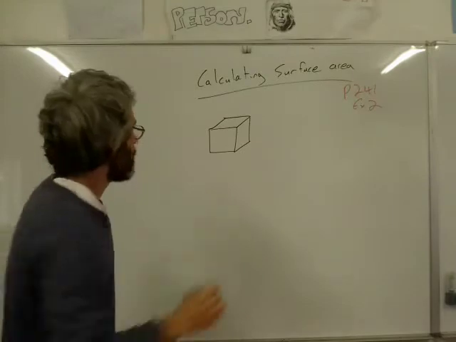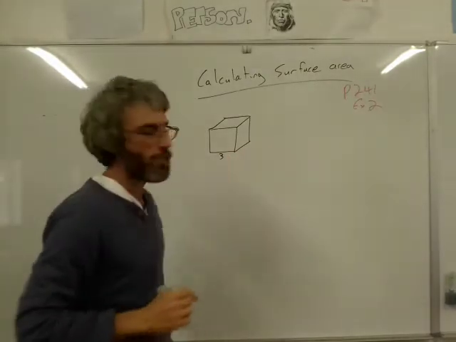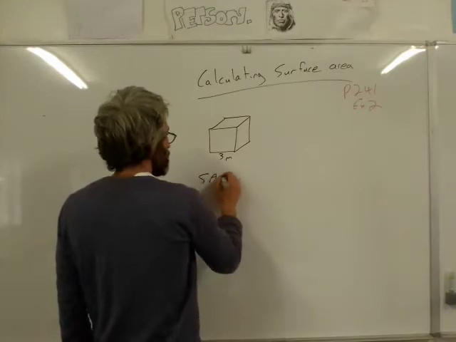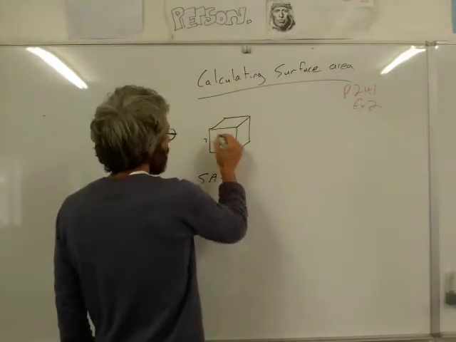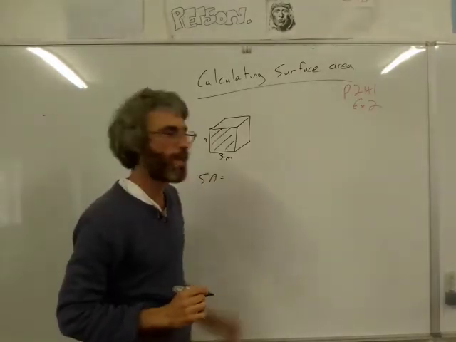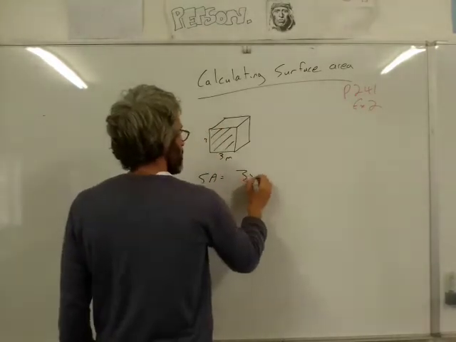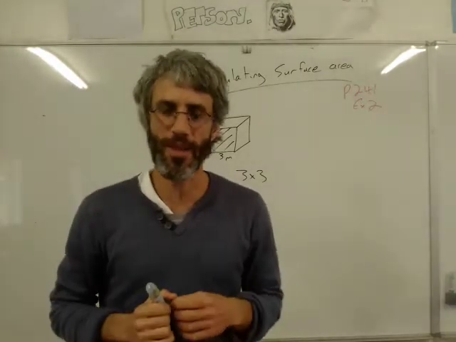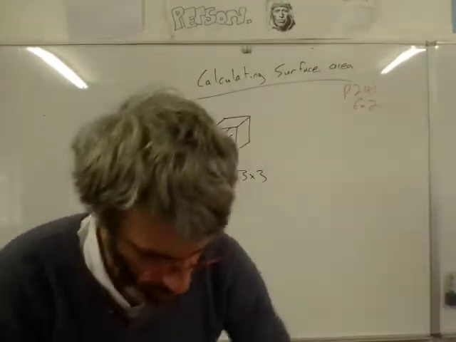Okay? Now, let's say each side is 3 meters. Okay? What will be the surface area? Well, think about it. All the sides here are 3. So the area of one surface, the area of one side, is going to be 3 times 3. Okay? Now, how many sides does the cuboid have? Okay? Let's get that cuboid again.